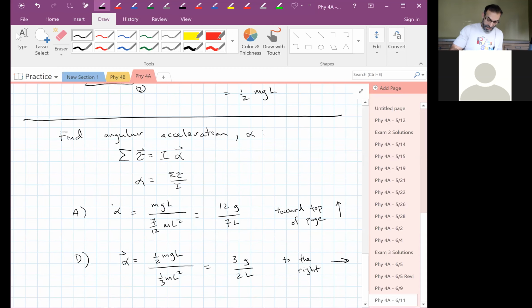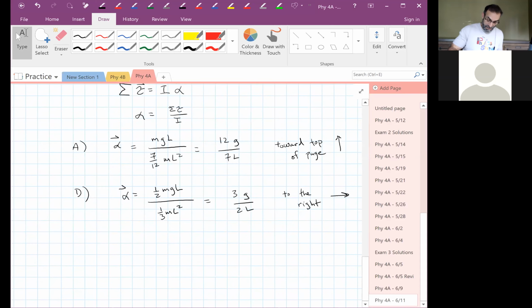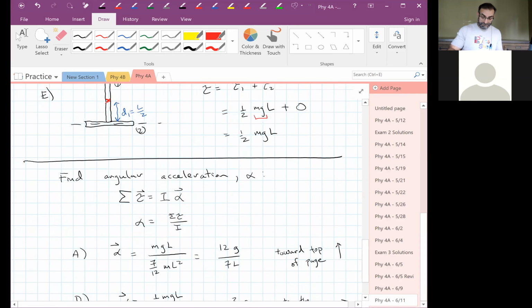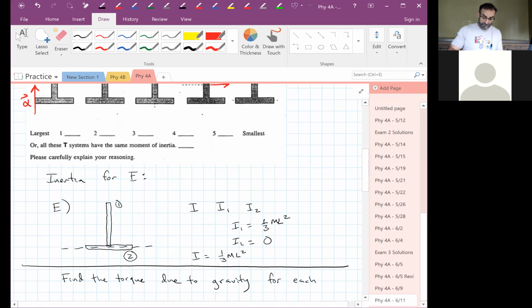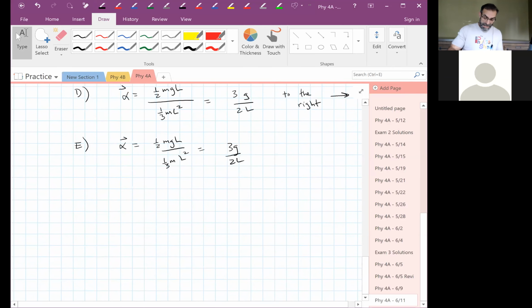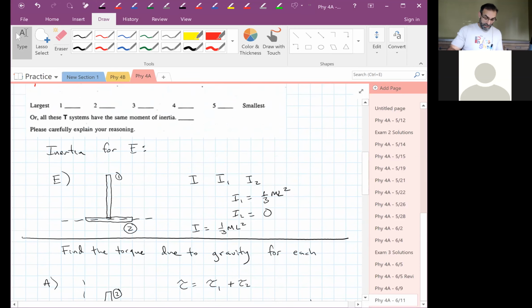I could put vectors on these then. So let's take a look at the end view. Where's A?